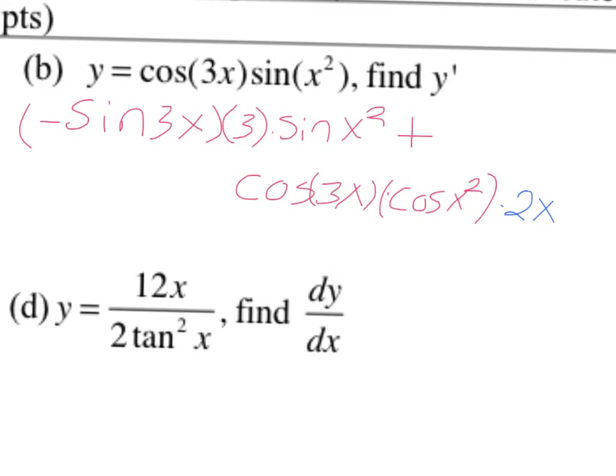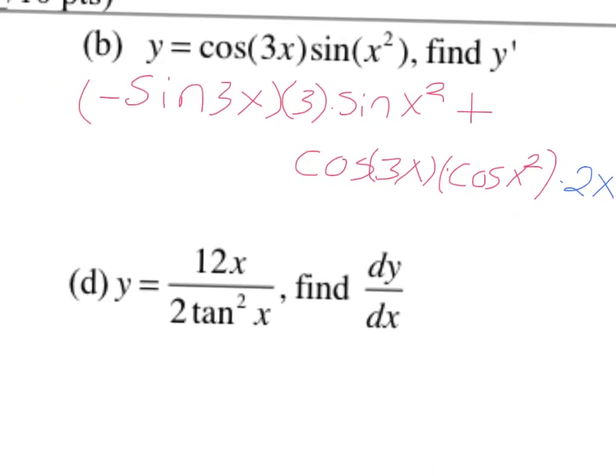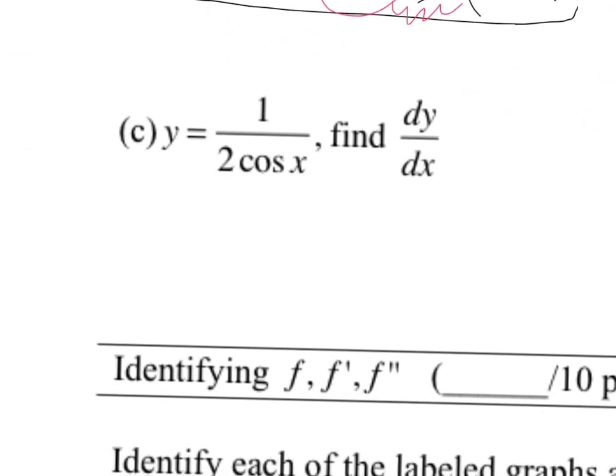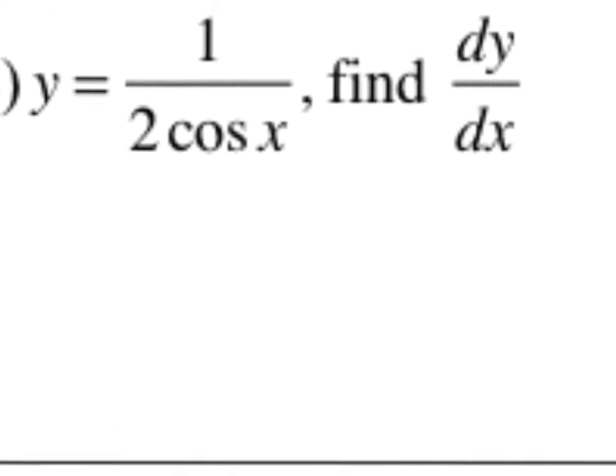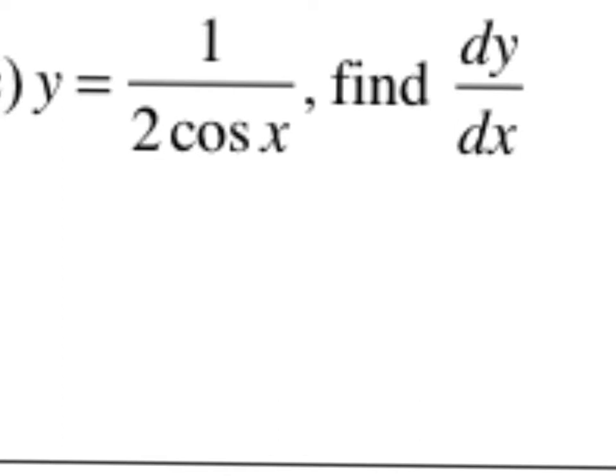Okay? Our third problem looks like a quotient rule to me. And if we've got 1 over 2 cosine x, it's going to be the bottom times the derivative of the top.